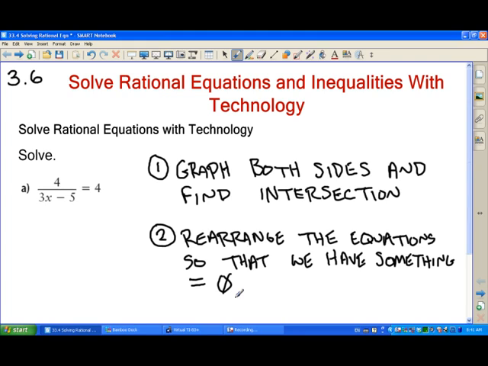Okay, so both of these strategies will allow us to solve these equations and inequalities.